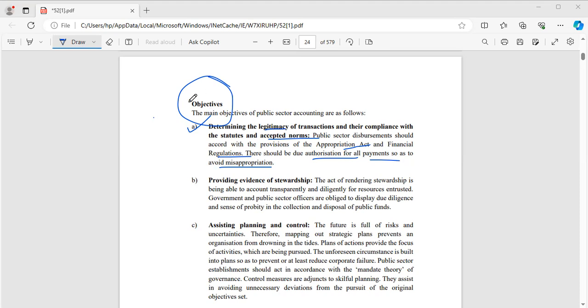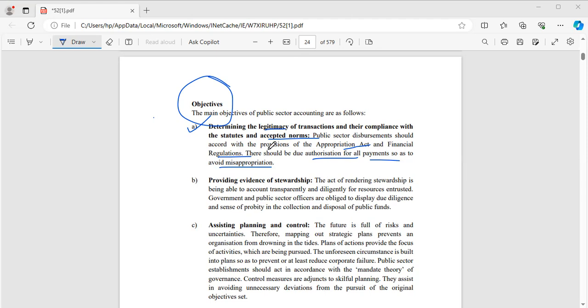So in case you are asked to list and explain five objectives of public sector accounting, you can list number 1: public sector accounting helps to determine the legitimacy of transactions and how these transactions comply with statute and accepted norms. You must ensure that because this is public sector accounting, everything under it is governed by law.